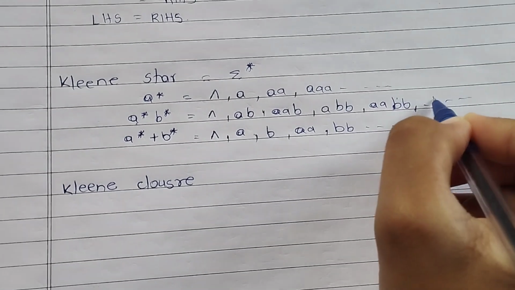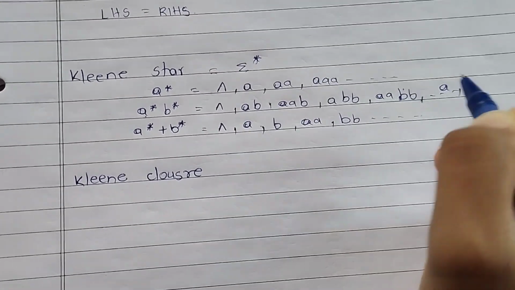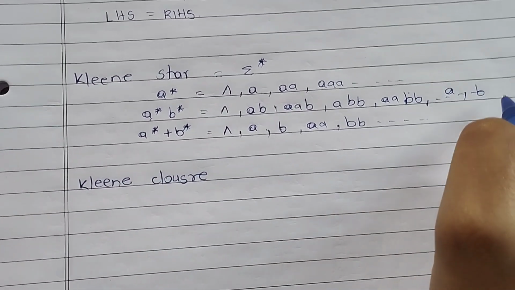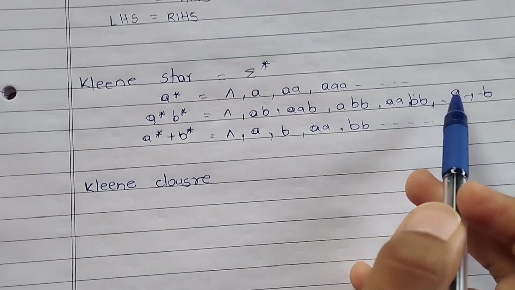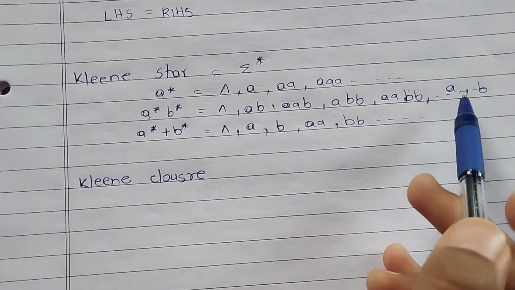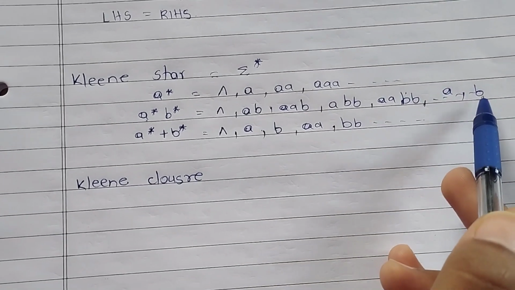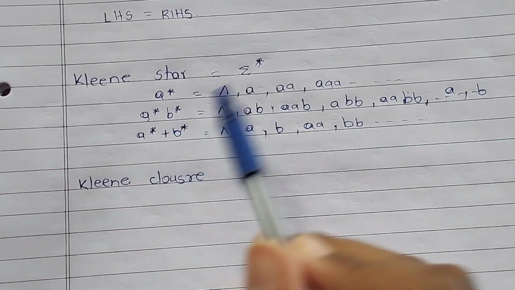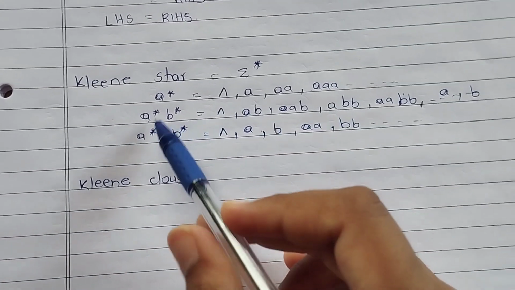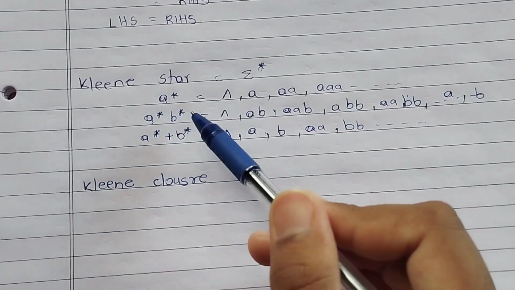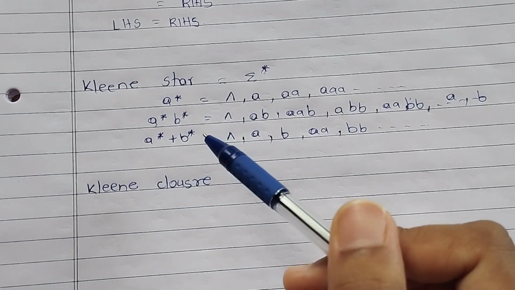So that time this A can come. And single B also comes. So when single A is written, that time the B combination is null. So that's why we write A. And when we write B, A's combination is null. So this is the meaning of A star, B star and A star plus B star.